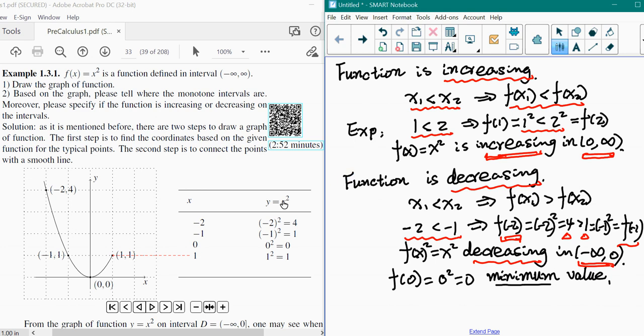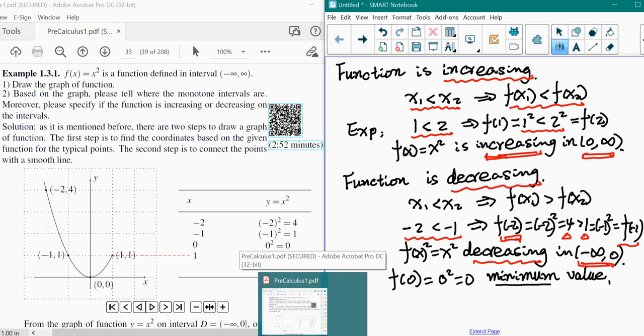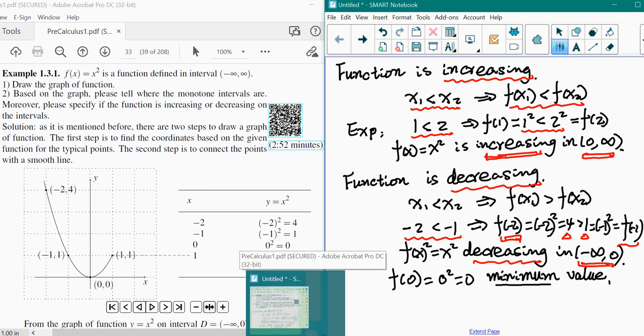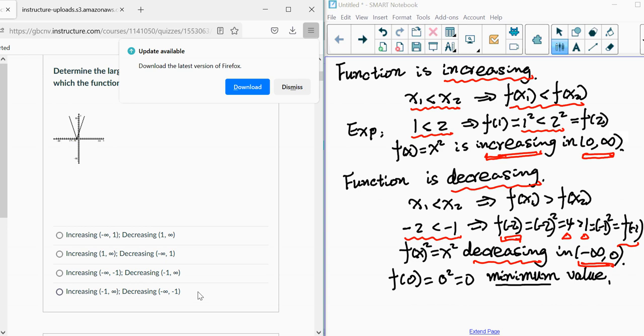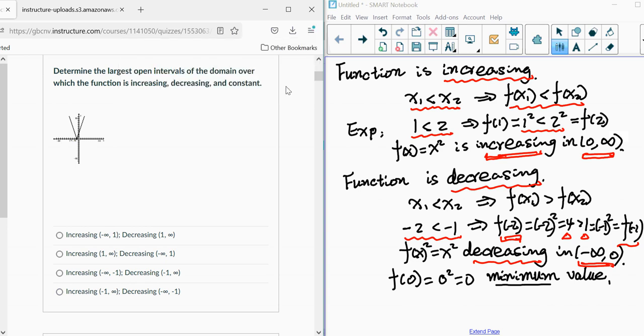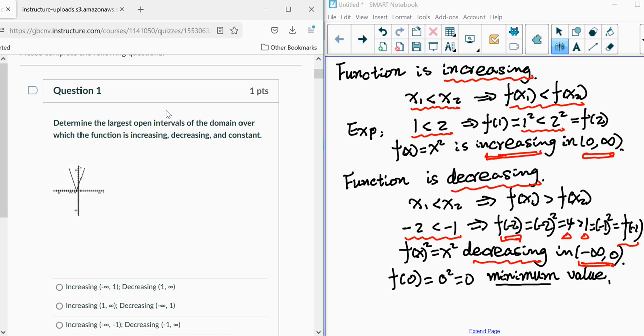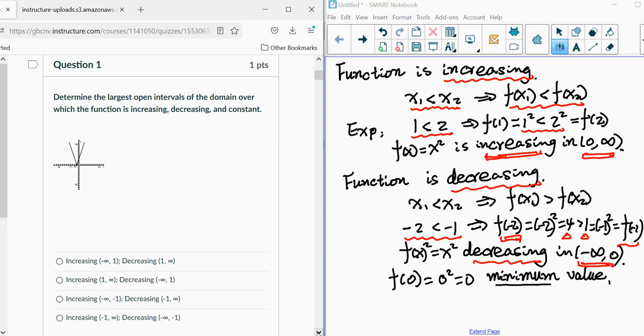All right. With those things in mind, we can look at some practice questions. This one is the first one. We want to see where it is increasing and where it is decreasing.